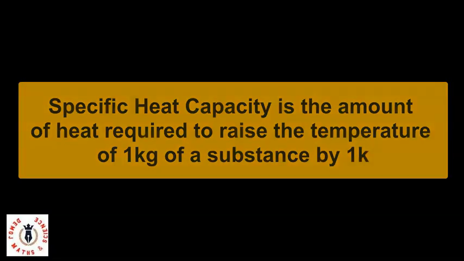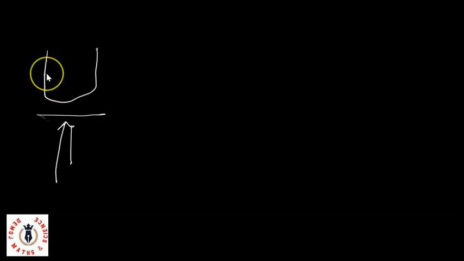That is, if I have probably a jar of water on a burner being heated up, the heat capacity of this water is actually the amount of heat I will pass in through this burner to raise its temperature by 1 Kelvin.